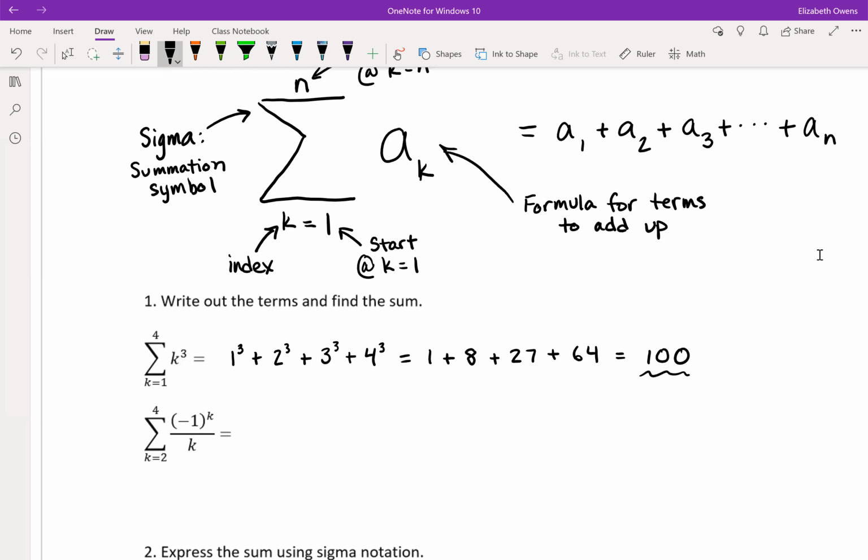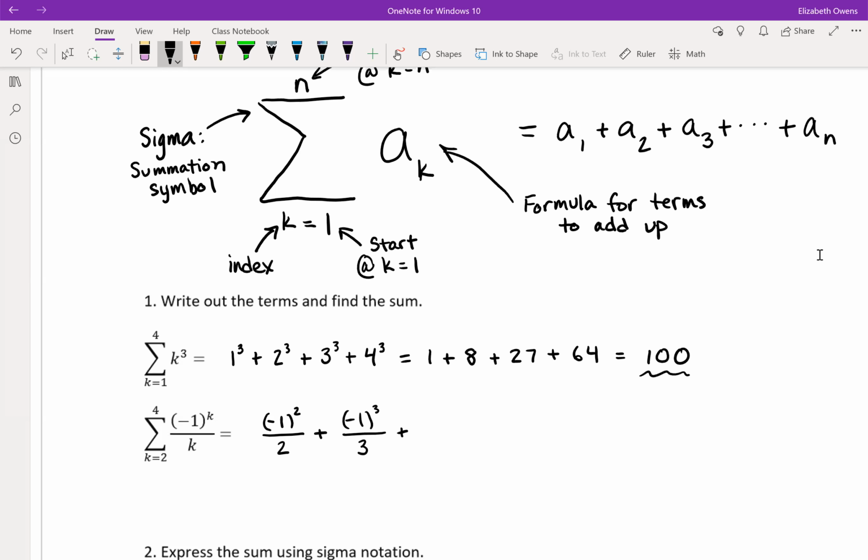Let's see. So take your first k value, k equals 2. We'll write down that term, -1 squared over 2. And then bump your index up to k equals 3, -1 to the 3rd over 3.